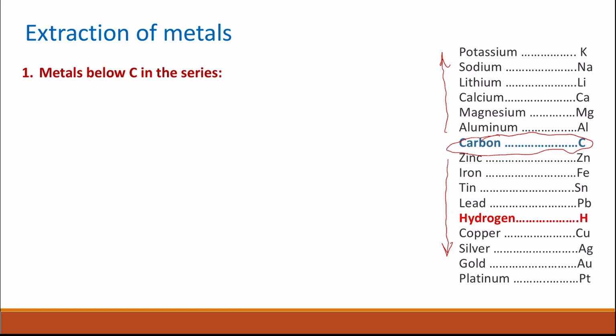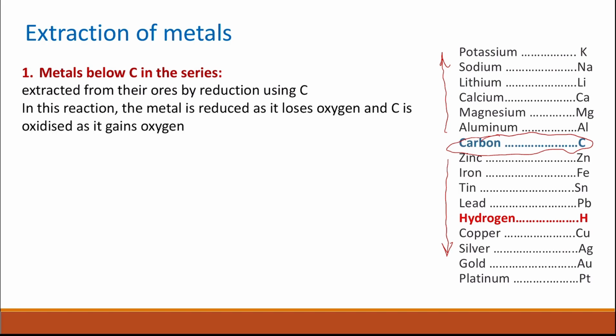Metals which are below carbon in the reactivity series are less reactive than carbon, which means that these metals can be extracted from their ores by reduction using carbon. In this reaction, the metal is reduced as it loses oxygen and carbon is oxidized as it gains oxygen.